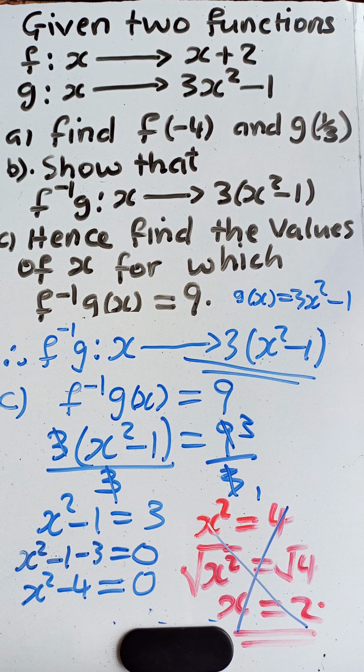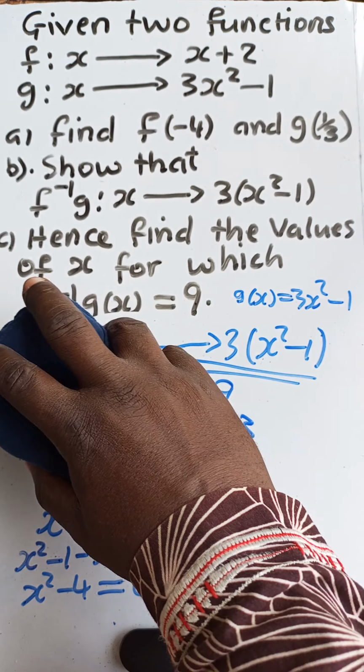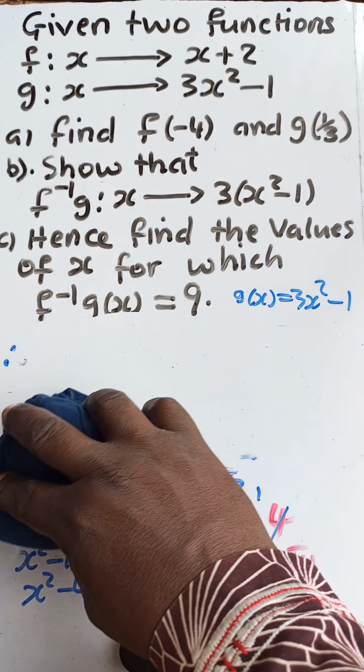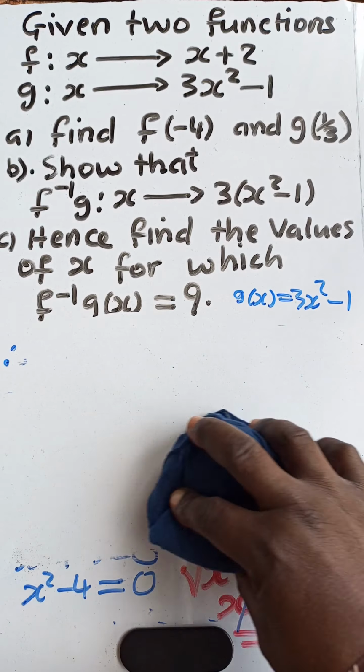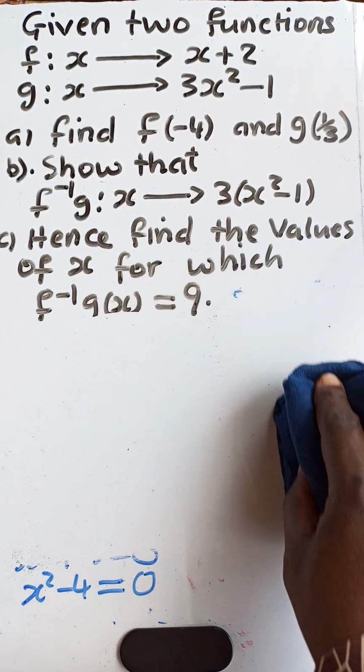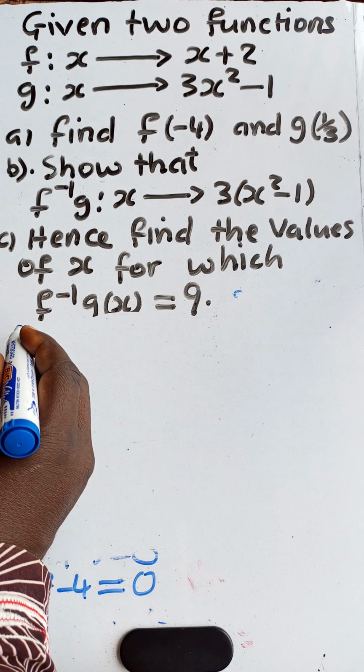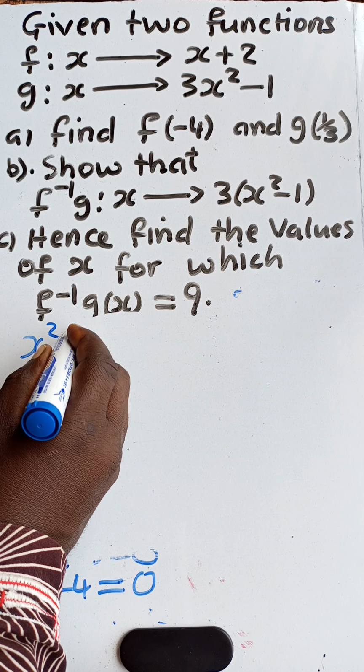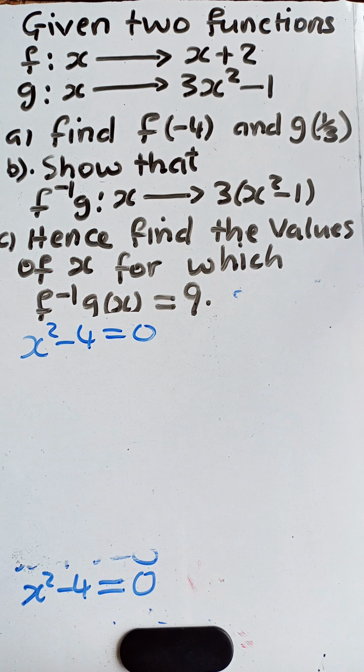We can use any of the methods that we know in solving quadratic equations. x squared minus 4 equals 0. We can either use the quadratic formula or we use the difference of squares identity.